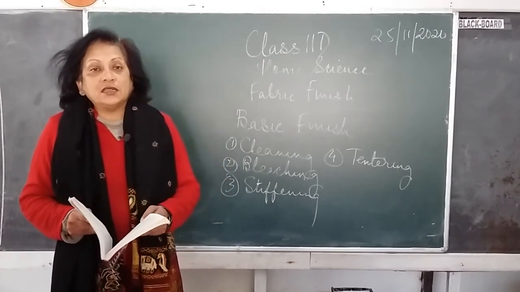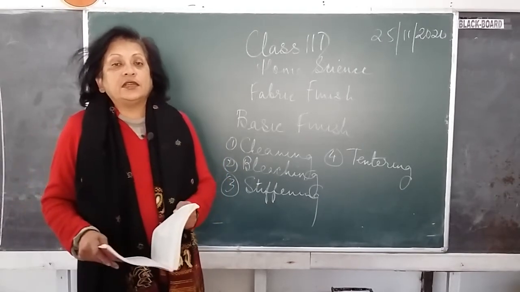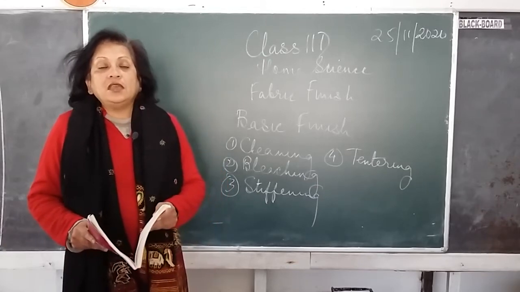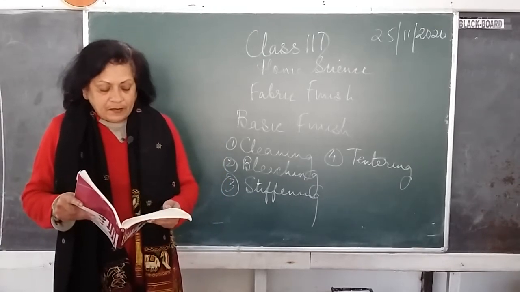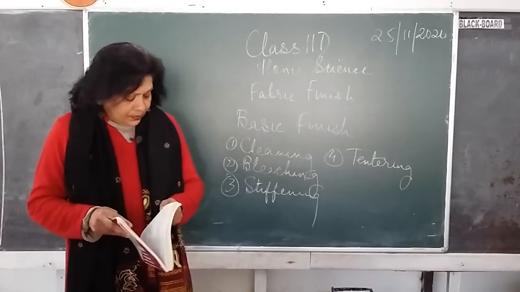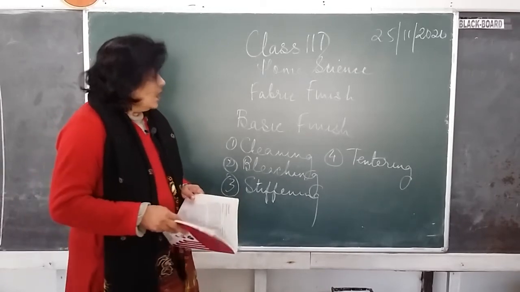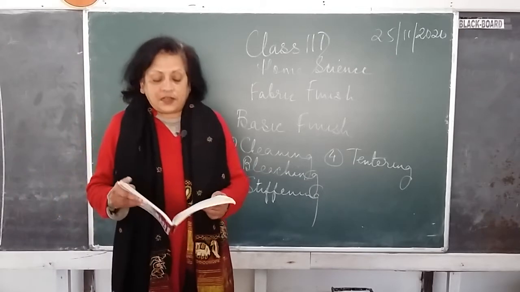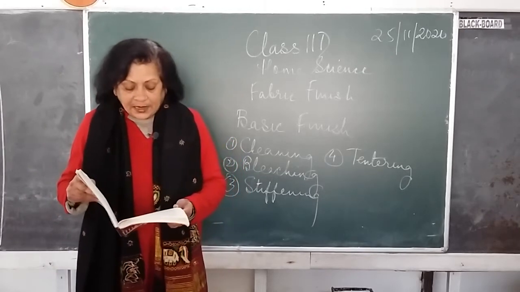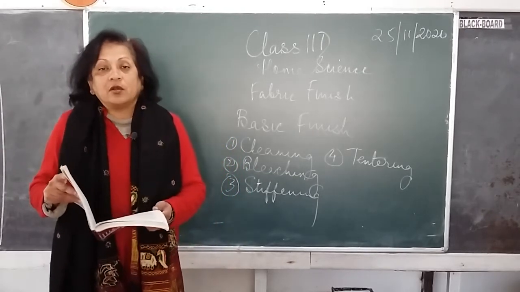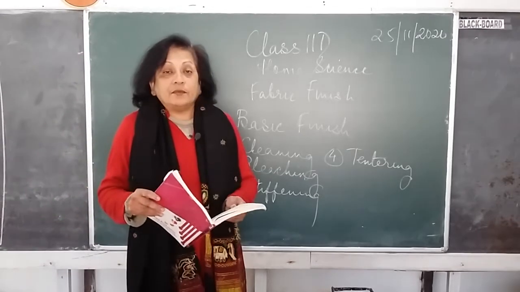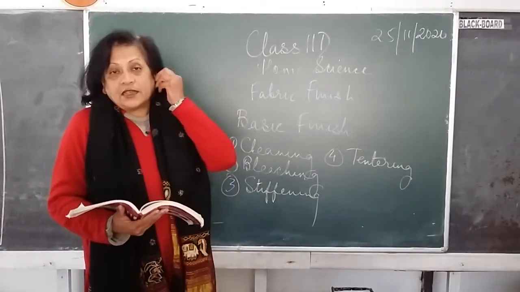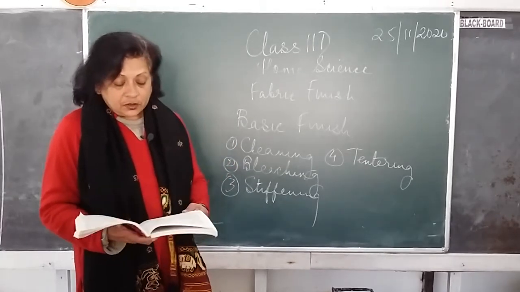Because when it is made, it is not absolutely clean, because many chemical agents are used during the process of making the fabric. So for this reason, a process of basic finish has to be done. That is a treatment to the fabric or yarn so that it can be used and so that it can have a good appearance before it is used.